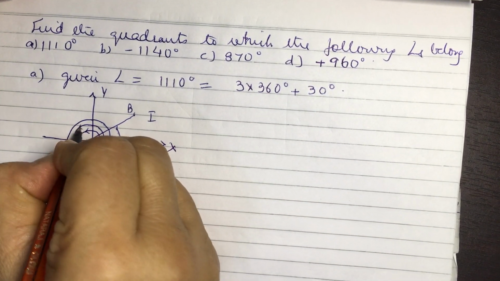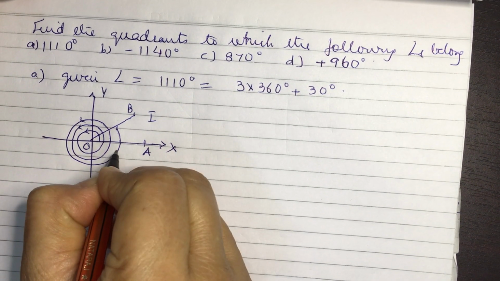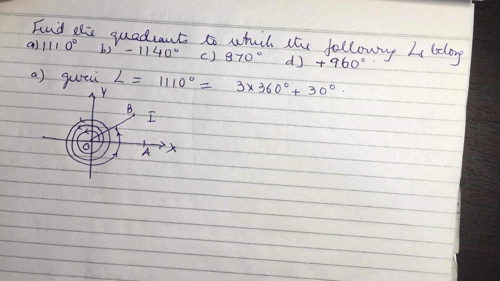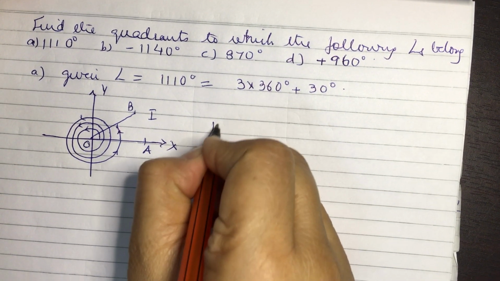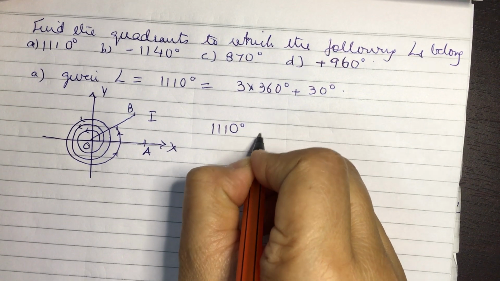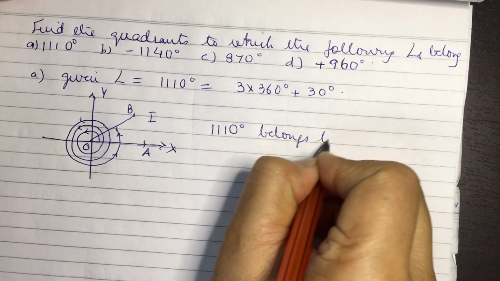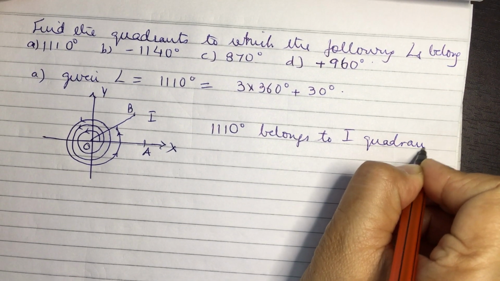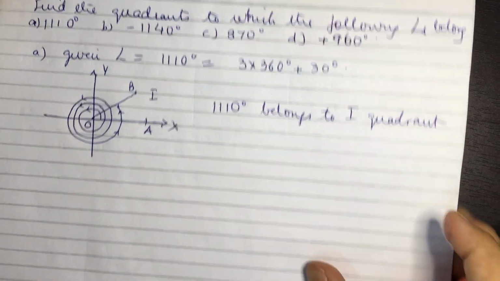Then you make the arrows to show the direction in which you are going. So angle 1110 degrees belongs to first quadrant. Likewise, you can try out the remaining things.